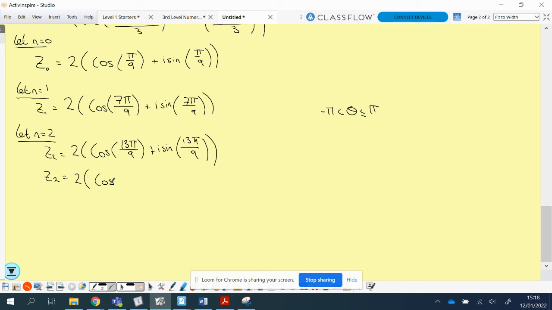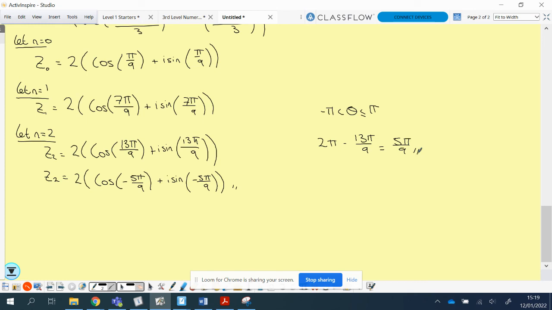So that would be minus. So that's what that third root looks like there. I just did 2 pi minus 13 pi over 9, which is 5 pi over 9.